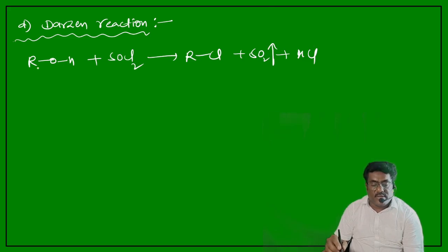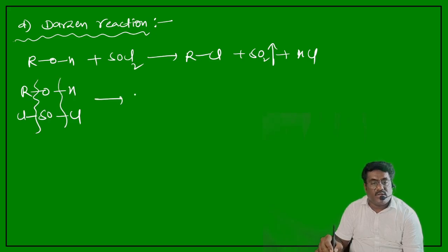For example, ROH with SOCl2 gives RCl, SO2 plus HCl.